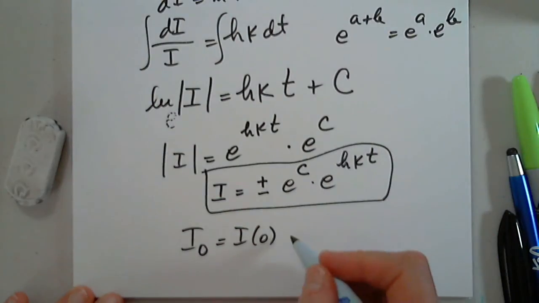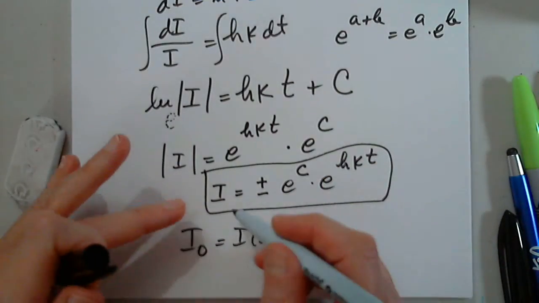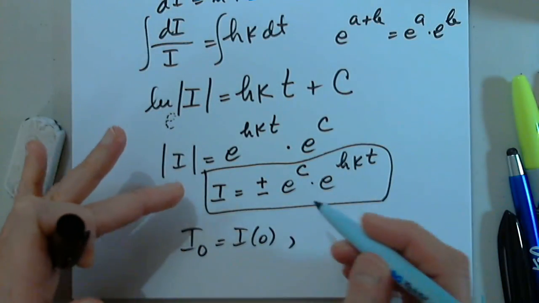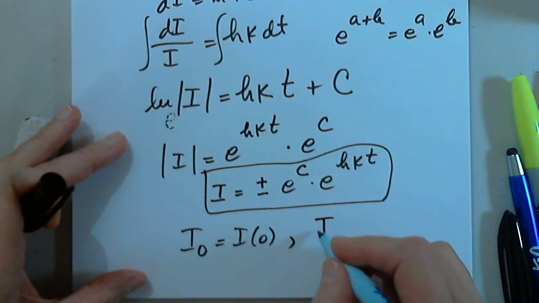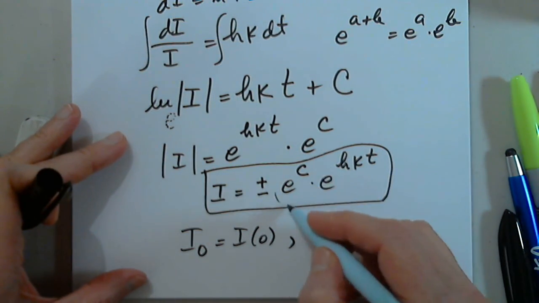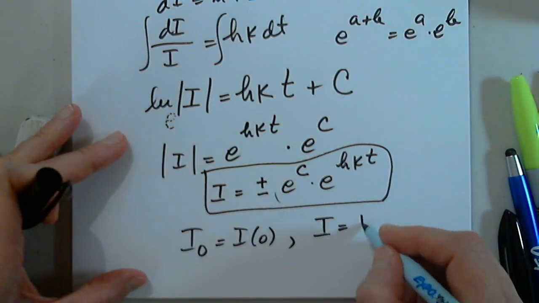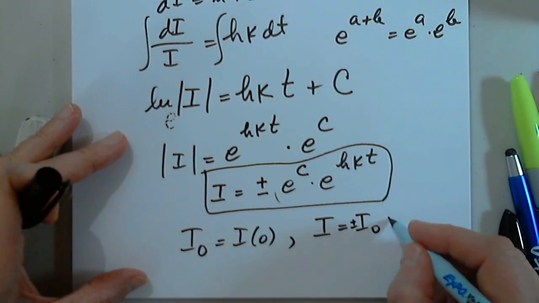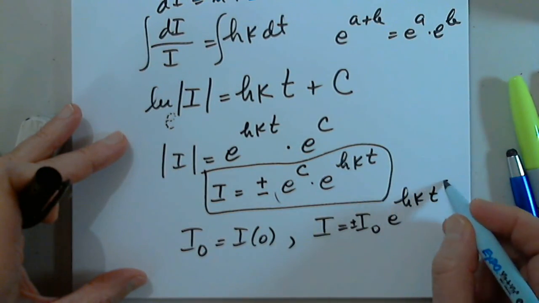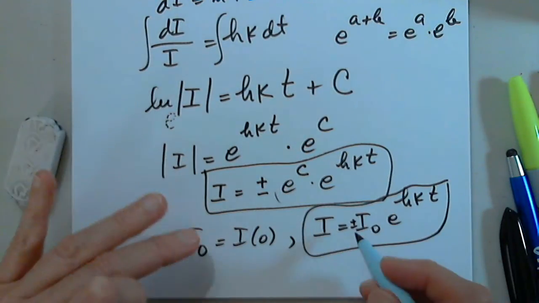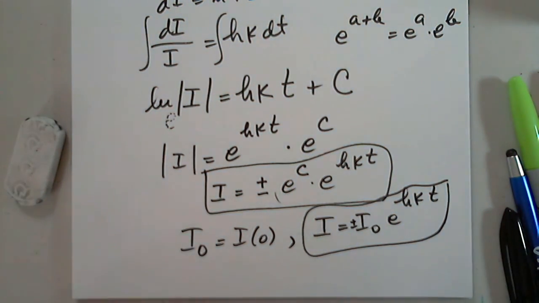Now the solution, again, they're not telling us. I have to read again, and maybe this is always positive. If this is always positive, then I have to choose positive. We'll go back and see in a moment. So then this piece is the I0, I0 with plus or minus e to hkt. So this should be it. But now let's go back and see if we can have plus or minus. So let me read that again.